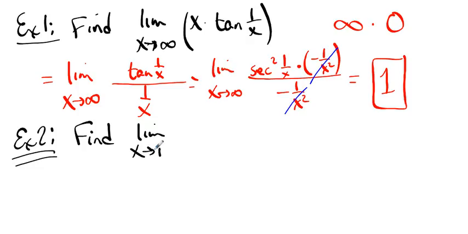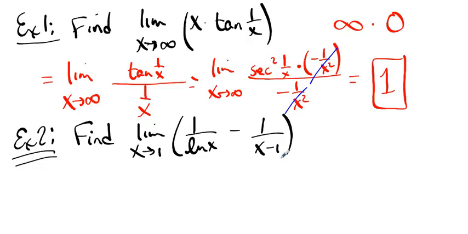I'm going to find the limit as x approaches 1 of 1 over ln x minus 1 over x minus 1. A problem that you might think is a bit bizarre because as x tends to 1, this tends to some large number. This tends to some large number.